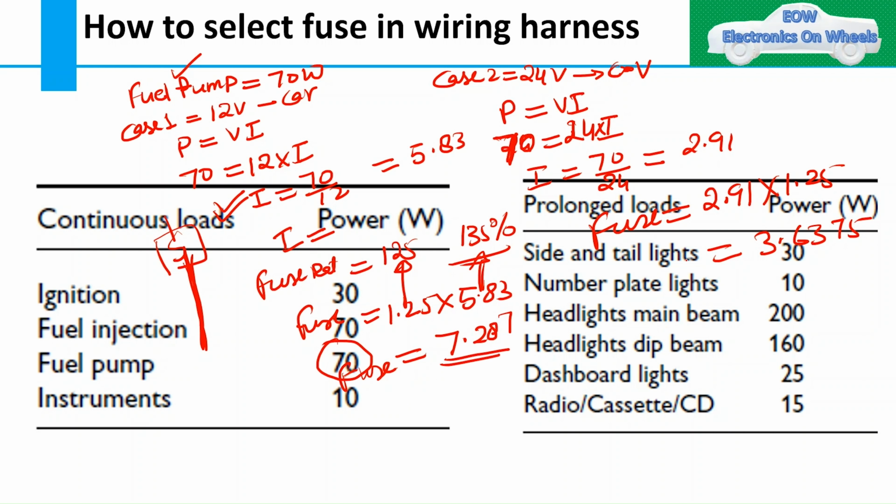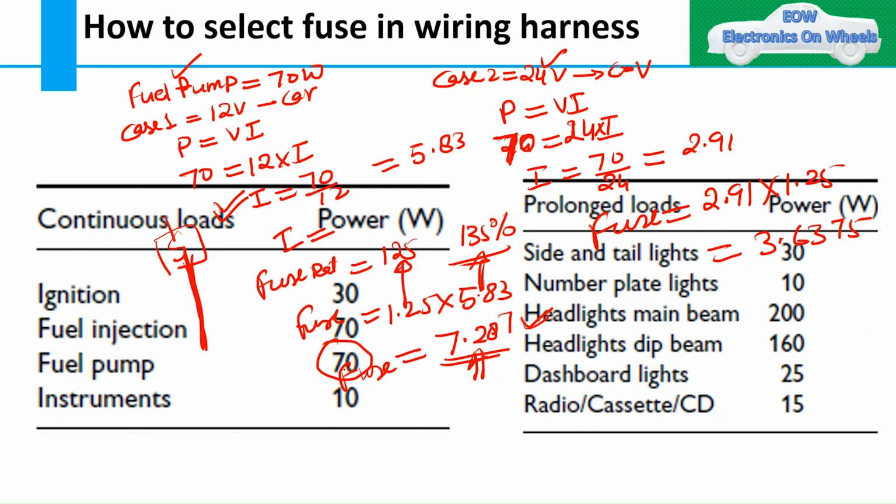And in case 2, when you are working on the 24 volt system, the same load requires a fuse of 3.6375 amps, right? But as I told you, from the serviceability point of view, we will not use 7.28, right? The supplier cannot manufacture that particular rating of fuses.